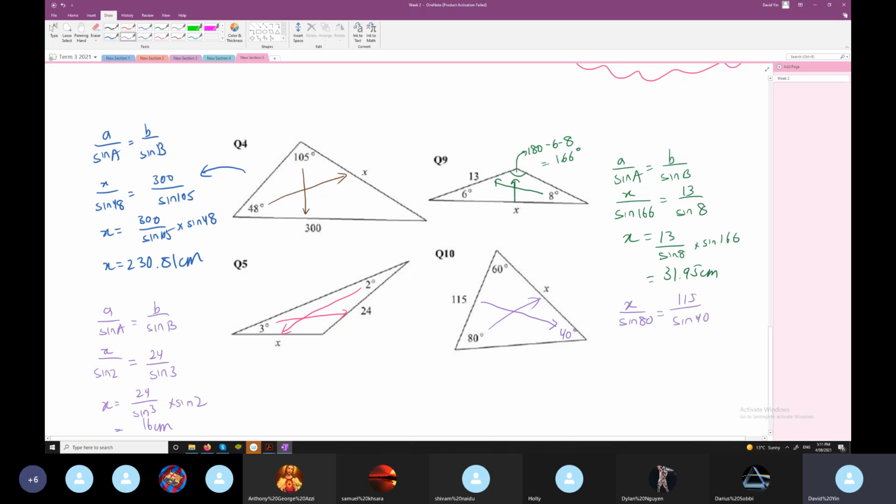Yeah, always remember sine the angle. Then what we want to do is bring the 80 across. So 115 all over sine 40 times by sine 80. Okay, so 115 divided by sine 40 times by sine 80 is going to equal 176.19.